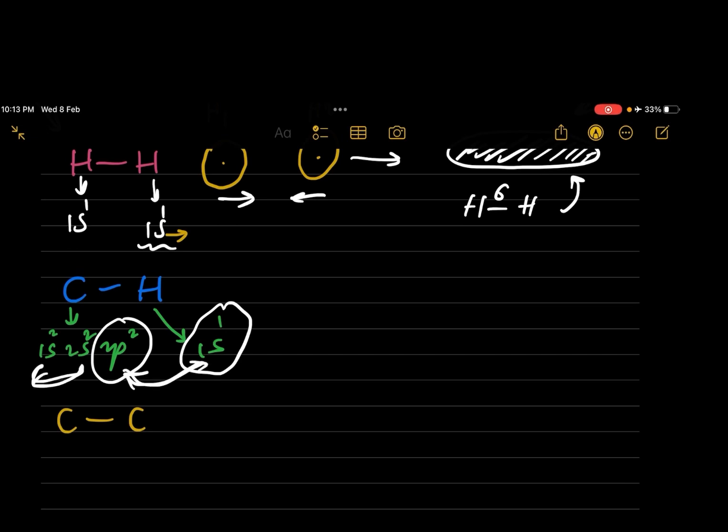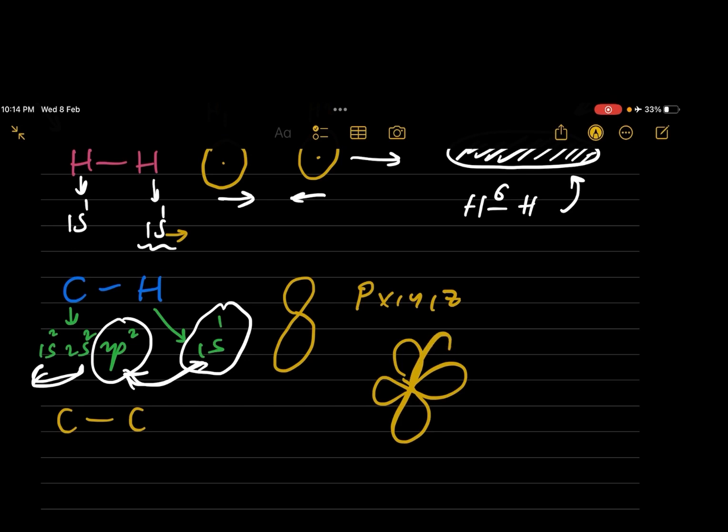We have overlapping between the last shell in carbon, which is the p orbital. And the question is, what is the shape of the p orbital? The p subshell has a shape of this. But since we have px, py, and pz, you probably have something like this, on the y-axis, x-axis, and z-axis. These are the orbitals, but we don't have all of these in this case.